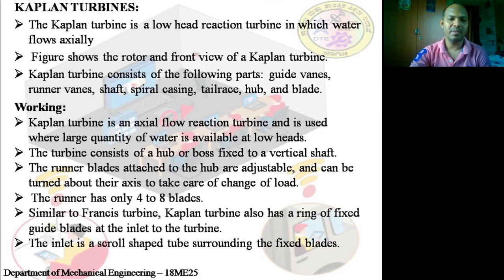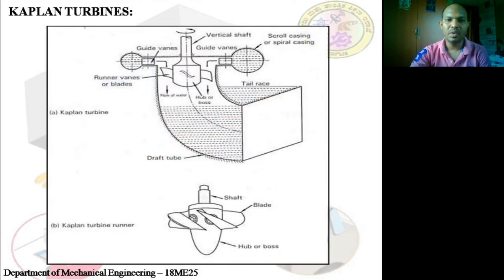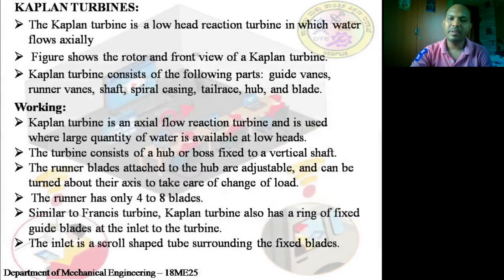Working of the Kaplan turbine, I shall show you the sketch over here. The Kaplan turbine is also called a propeller turbine. Why? Because it resembles the propeller shaft of a ship. The nature of the propeller of a ship is quite similar.